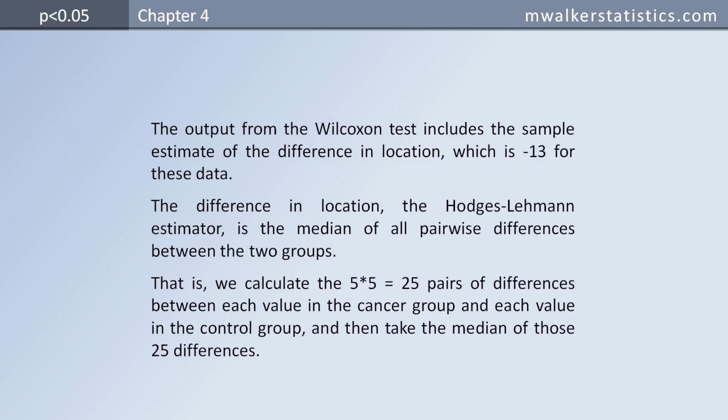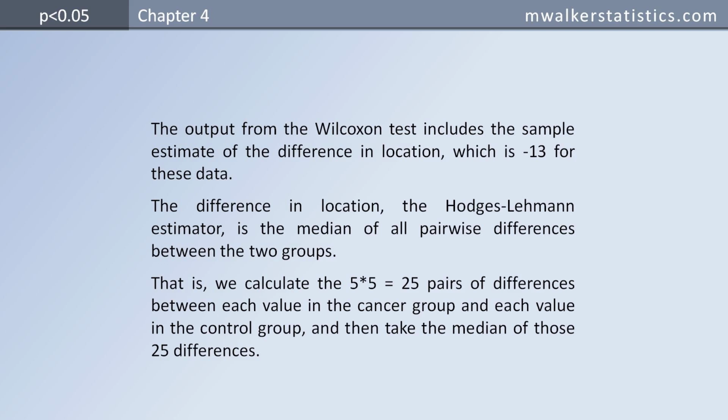The output from the Wilcoxon test includes the sample estimate of the difference in location, which is -13 for these data. The difference in location, the Hodges-Lehmann estimator, is the median of all pairwise differences between the two groups.